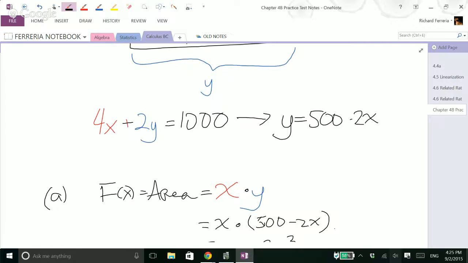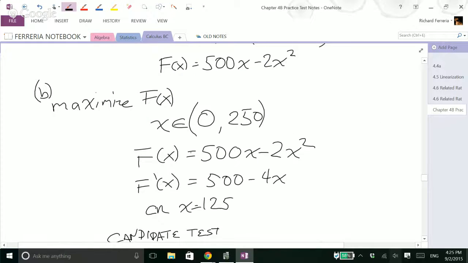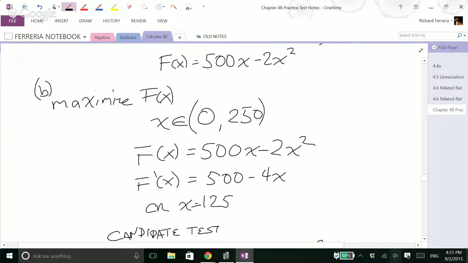And after you solve, you get 500x minus 2x squared. And let's remember that that's the area. It's the formula of the area. Next thing we're going to do, part B, we want to maximize f.